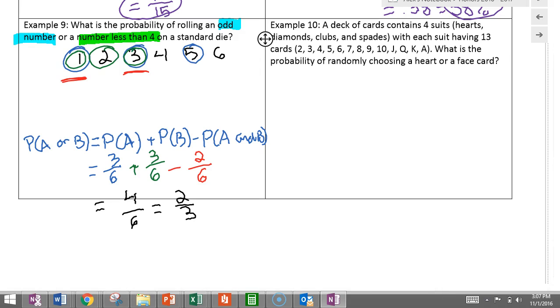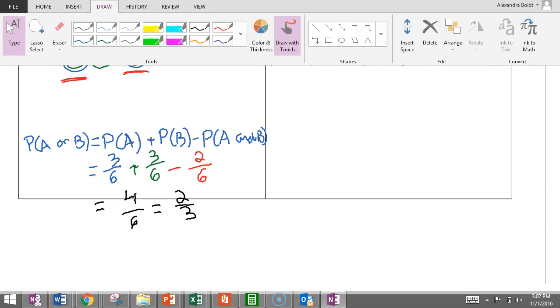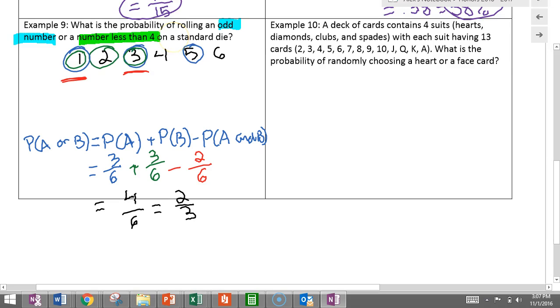All right, last one we're looking at is example 10. A deck of cards contains 4 suits, with each suit having 13 cards. What is the probability of randomly choosing a heart or a face card? For this one, again, there are too many things to try and draw all our outcomes.